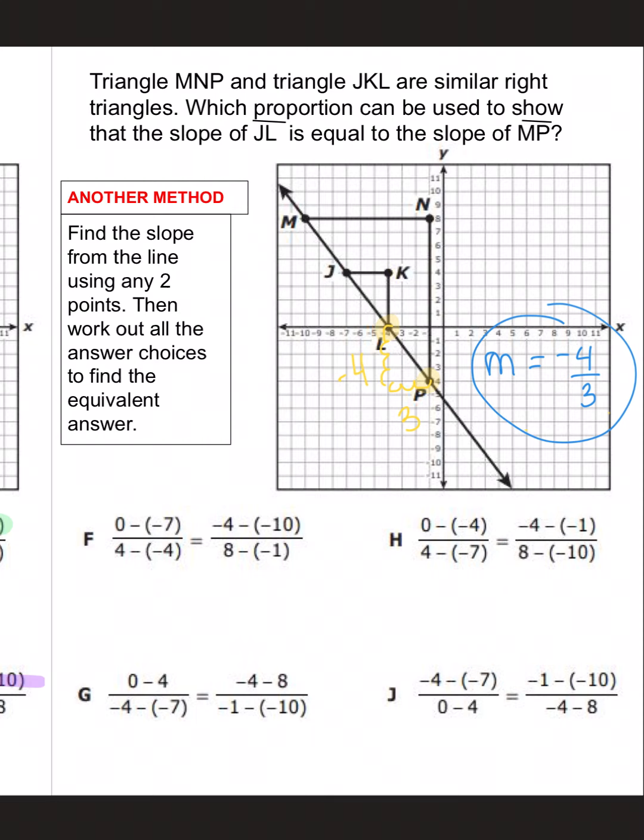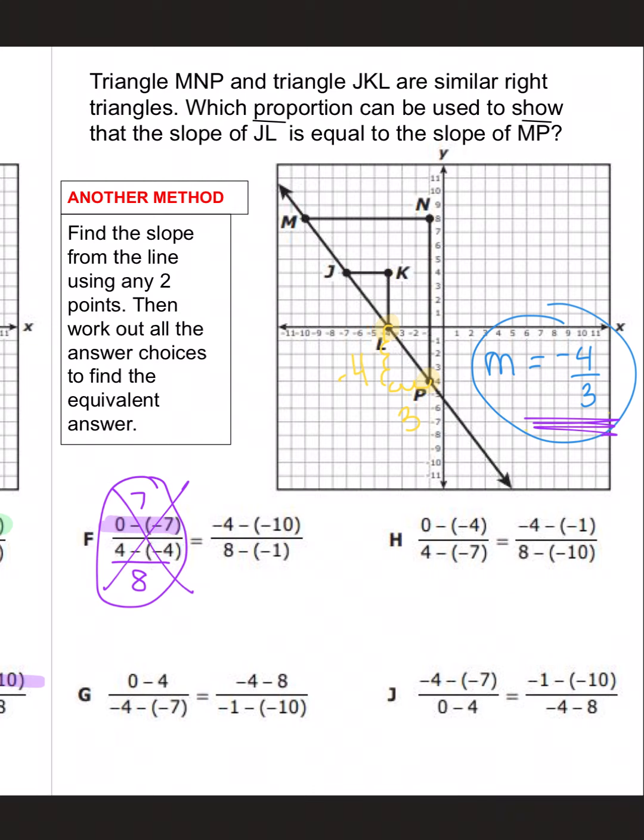So now, what I mean by working out all of the answer choices: I'm going to work out this one. What is 0 minus 7? That's going to be 7. Then I work out the denominator, so that's going to give me 8. Just right there, I know that that fraction, 7/8, is already simplified, and it does not match this slope of -4 thirds. So this answer choice is out. I try the next one.